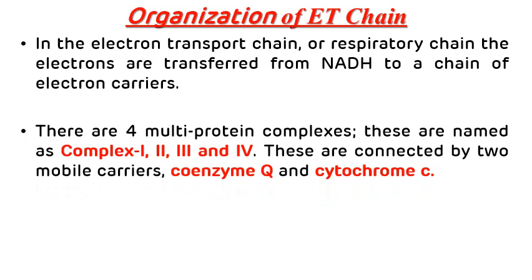And there are four multi-protein complexes, called complex 1, complex 2, complex 3 and complex 4, in the electron transport chain. All these complexes are connected by two mobile carriers: one is coenzyme Q and another is cytochrome C.